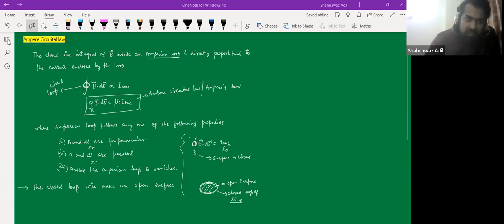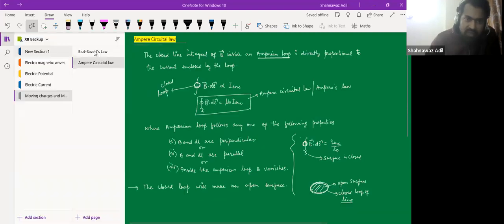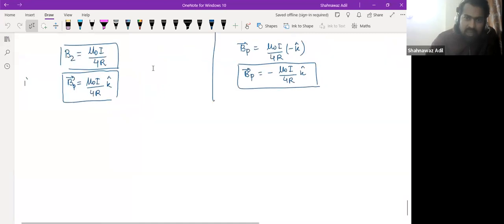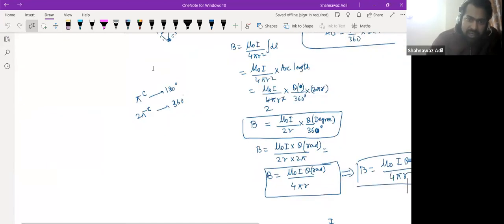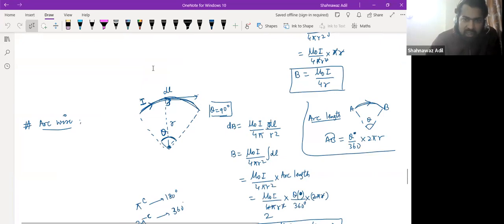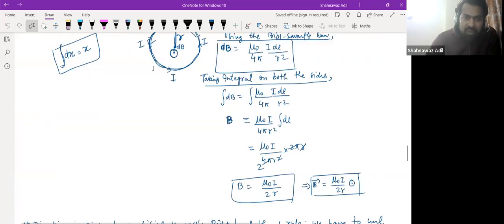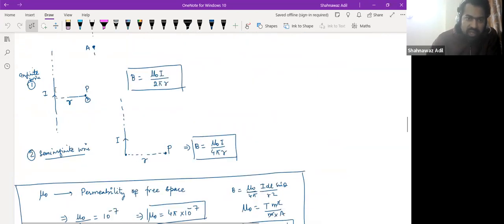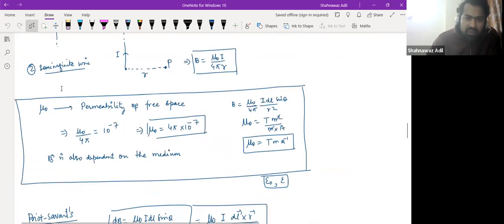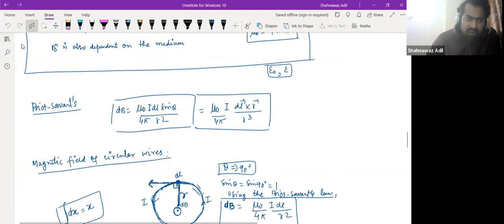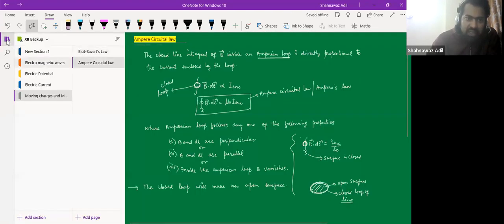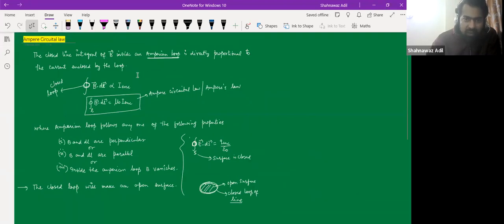So we understood Biot-Savart's law and its applications. We calculated the magnetic field due to different kinds of distributions, for straight wires and circular wires. Now there is another law which is used to calculate the magnetic field of continuous distributions.